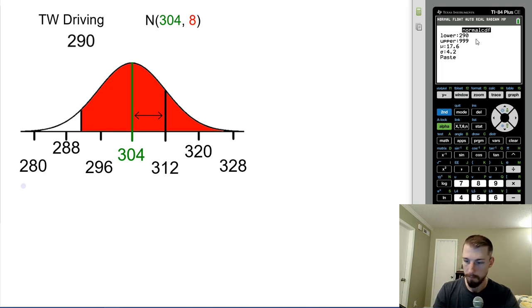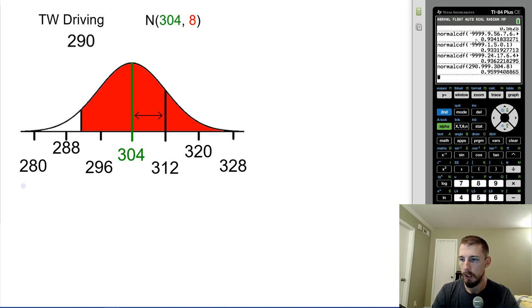The mean, 304, standard deviation of 8, and then just hit paste. And it looks like 96%, we'll just round, 96% of all of his drives go at least 290 yards. And you can draw a picture and shade that in. It's pretty much what we're doing.